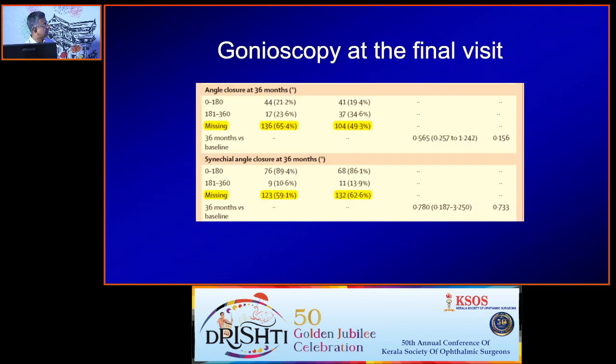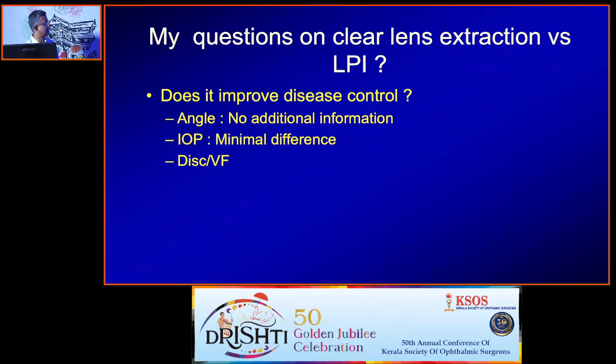At the final visit, 65% of patients had missing data in the clear lens extraction group, and 50% of patients had missing data in the YAG peripheral iridotomy group. In terms of synechial angle closure, how much synechial closure there was, there was 60% data missing in both groups. So it doesn't really tell us anything about the angle, which was something that we're really interested in when we're looking at lens extraction.